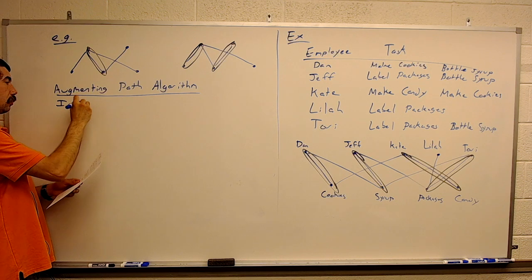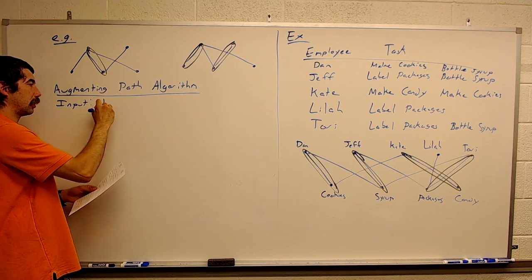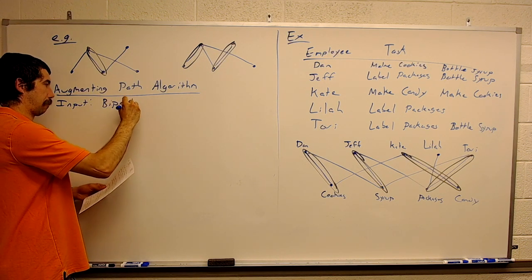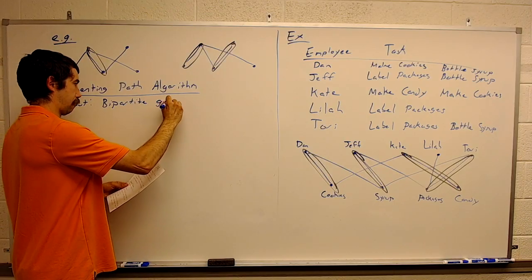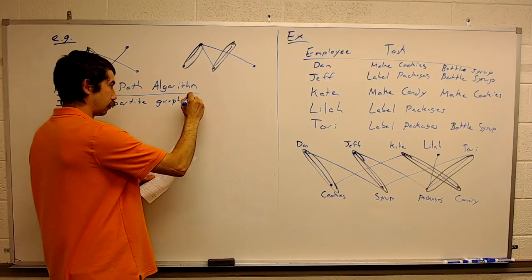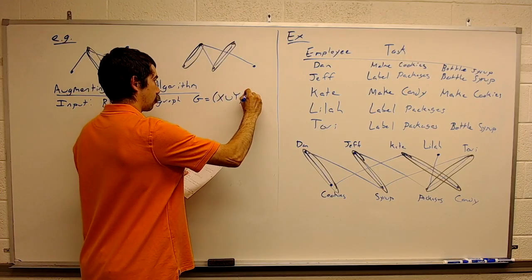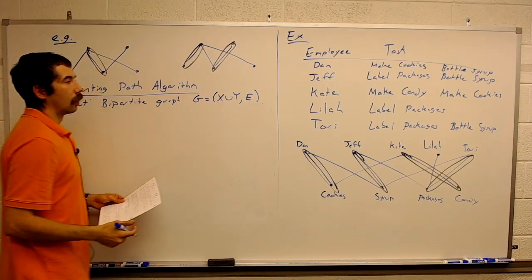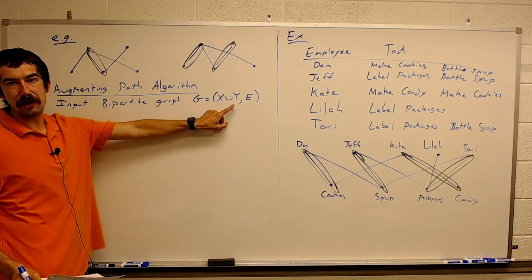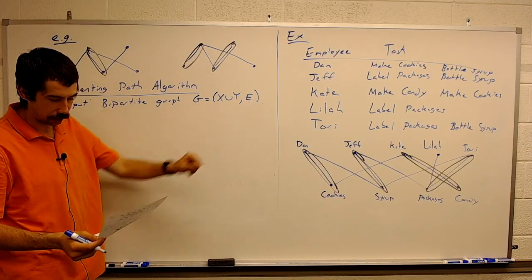Our input is a bipartite graph. So we're going to have some X set, we're going to have some Y set, and we have our edges.